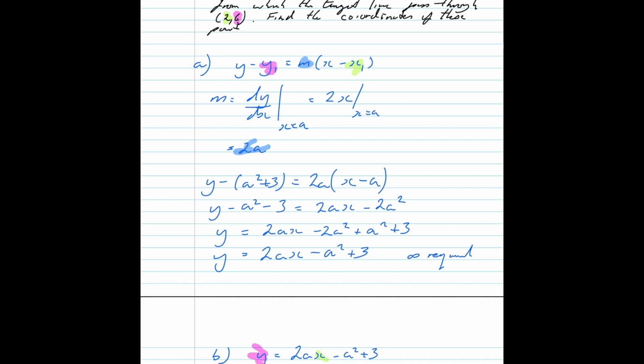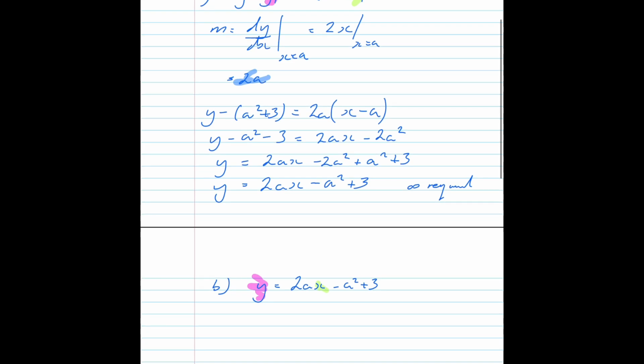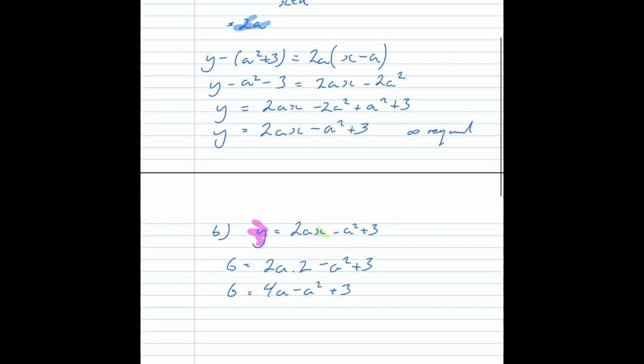That will give us an equation for a, and we can go back to our curve and find the coordinates that correspond to that value of a. Right, so let's do that. 6 equals 2 times a times 2 minus a squared plus 3. 6 equals 4a, take a squared plus 3.